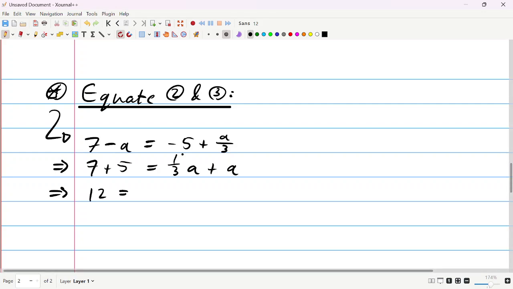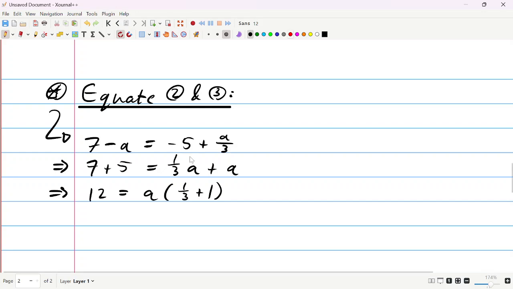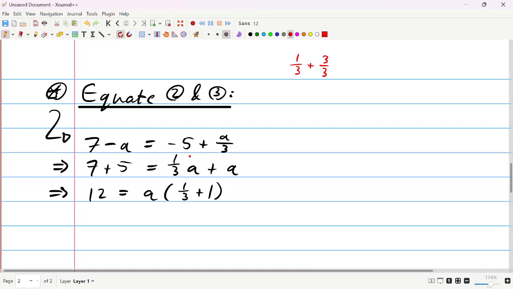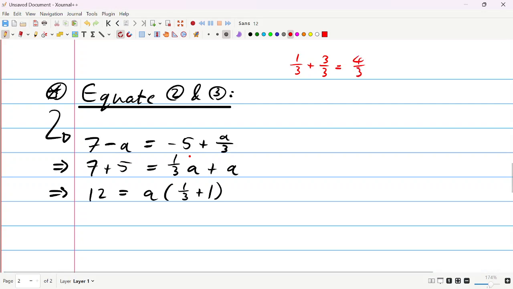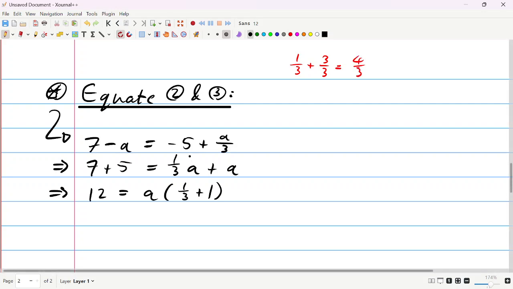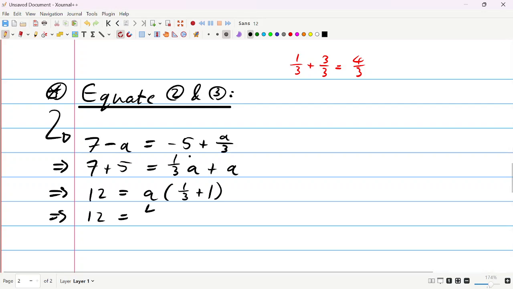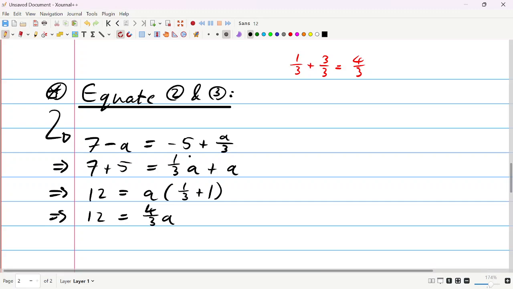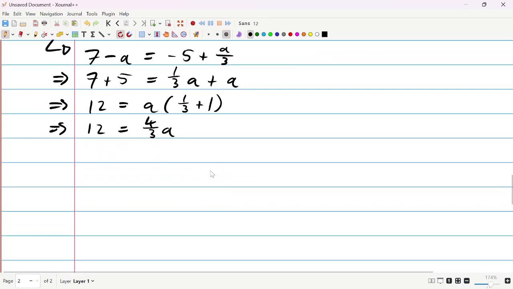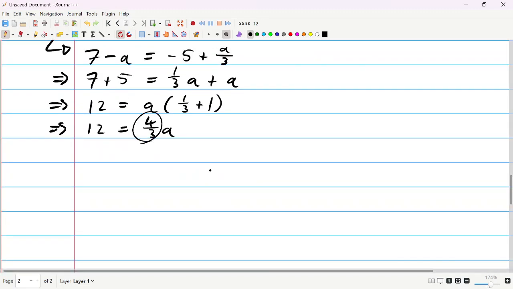And this is just going to be equal to, if we take out a common factor of a, then we're left with a third plus 1. Okay. And what is a third plus 1? If we look at it this way, 1 over 3 plus 3 over 3, this is equal to 4 over 3. So a third plus 1 is 4 over 3. So it'll be 12 equals 4 over 3 times a. And we want to multiply both sides by the reciprocal of this fraction.